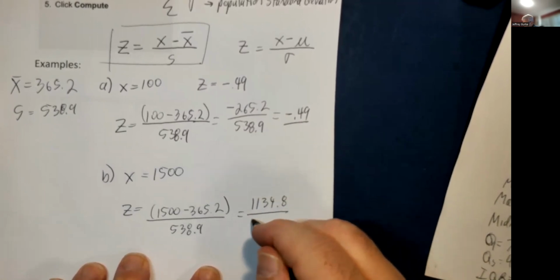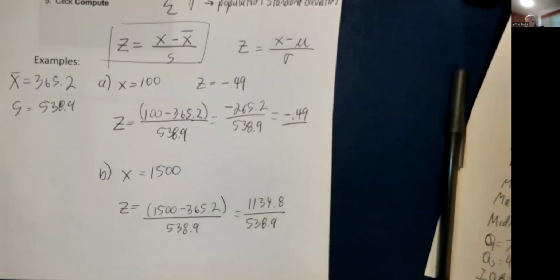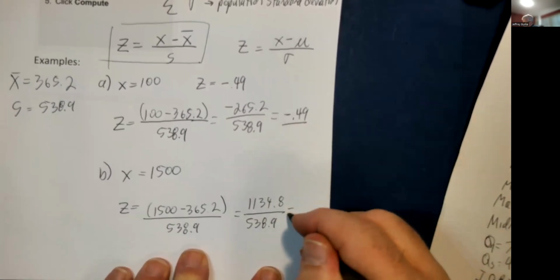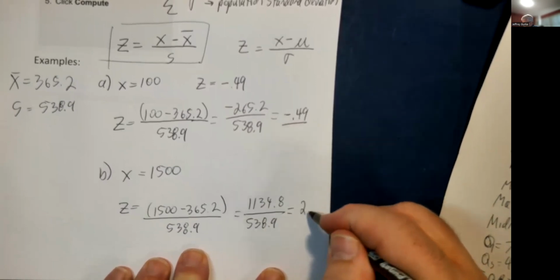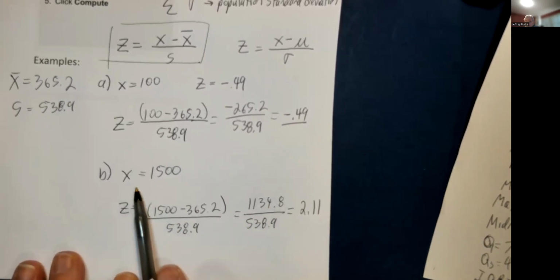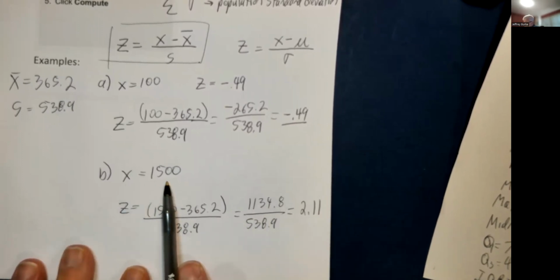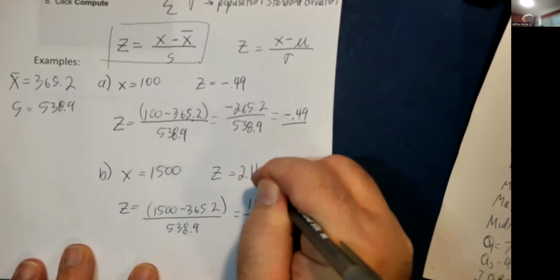That's going to be divided by 538.9. And if I round that to 2 decimal places, this is going to be 2.11. So for the value of x equaling 1500, the z-score of that is going to be equal to 2.11.